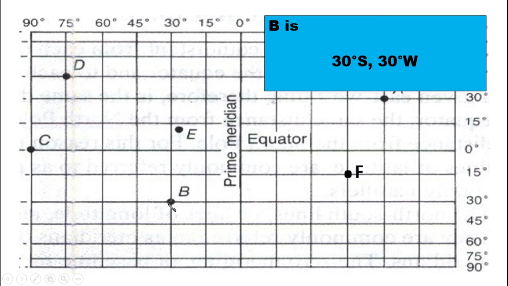It's because letter B lies at 30 degrees south, which is below the equator, and it is 30 degrees west because it lies on a longitude line of 30 degrees and at the left side of the prime meridian. So that's why it got 30 degrees south and 30 degrees west.